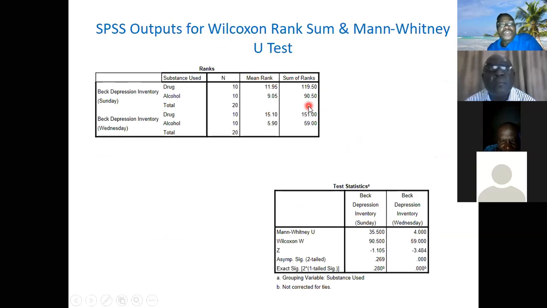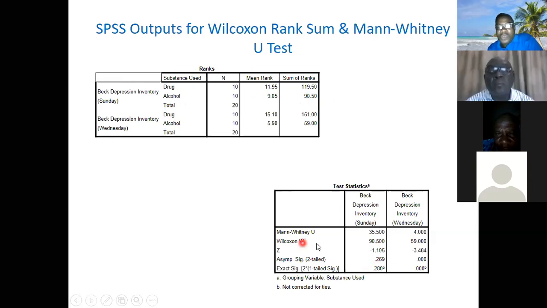After running it, you see the output. You see the sum of the rank for Sunday: for drug, 119.5, the one we got, and for alcohol, 90.5. The Wilcoxon statistic is 90.5.